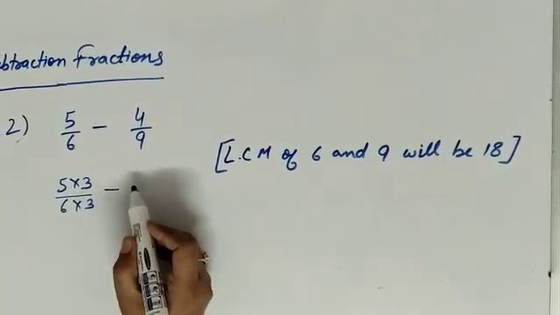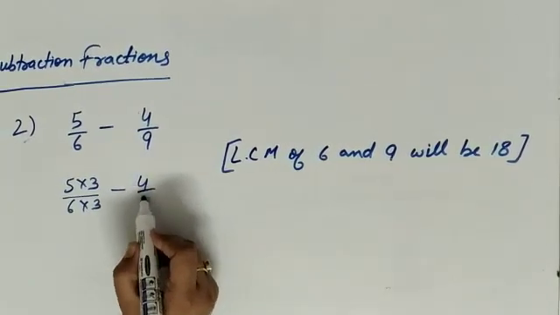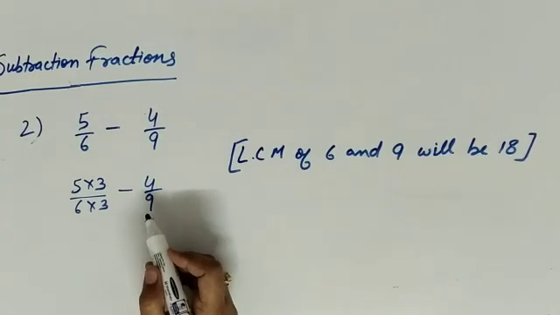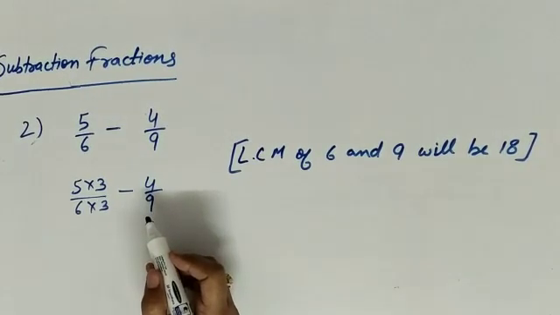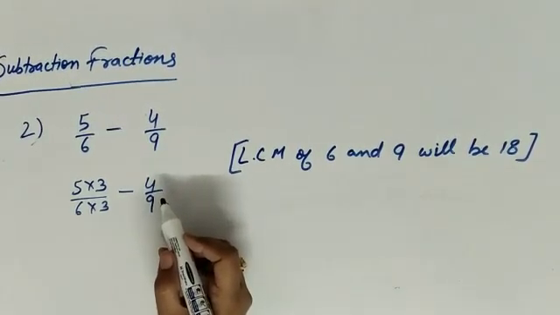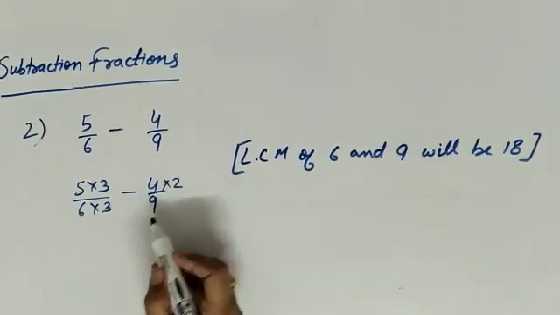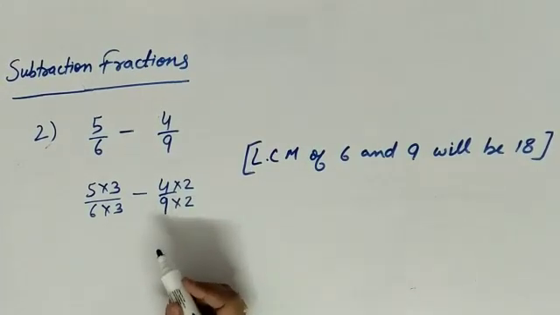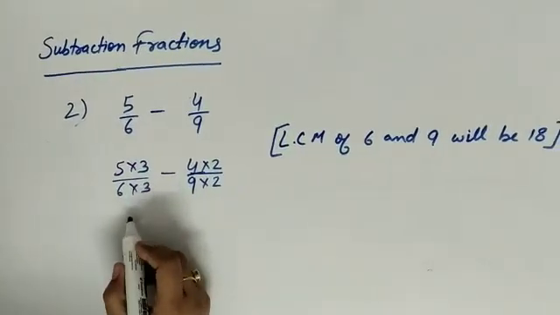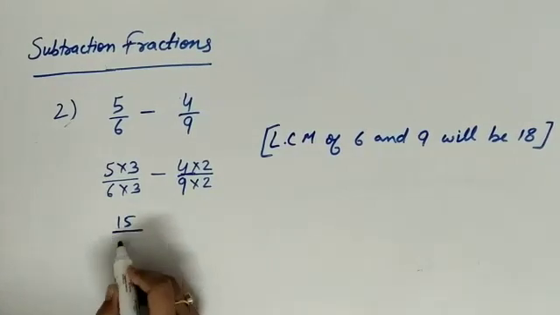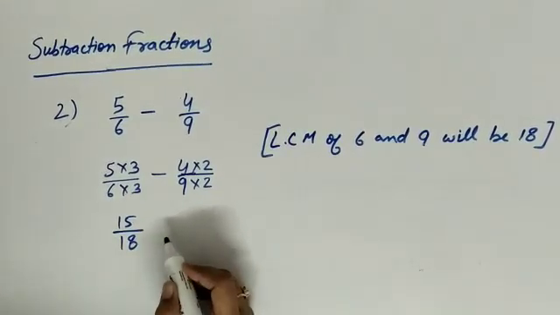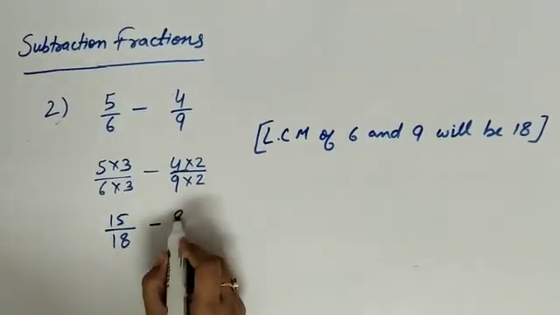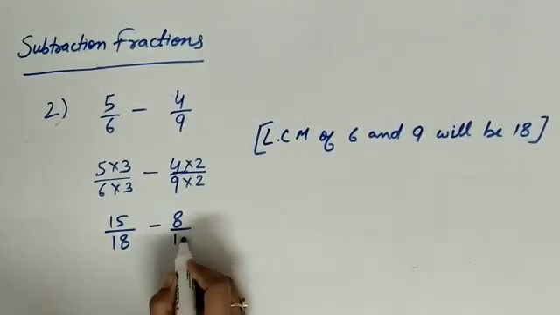Next fraction is 4 out of 9. To make 9 as 18, we have to multiply it with 2, so we multiply 4 with 2 and 9 with 2. Now 5 out of 6 has become 15 out of 18, and 4 out of 9 has become 8 out of 18.